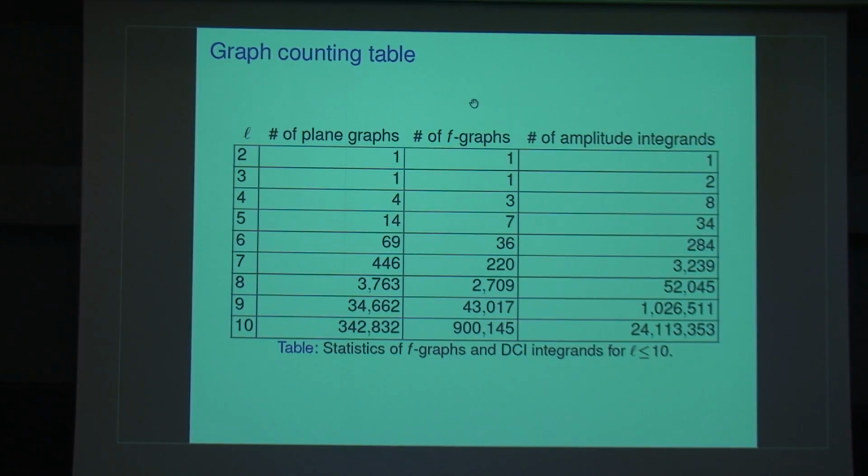And lots of these are zeros as well, so there's still some inefficiency here. We really need to understand better which ones are 0. But anyway, compared to the number of amplitude graphs, we're a lot better off, as you can see. And if we had another column here for the correlator integrands, then that would be even bigger again.